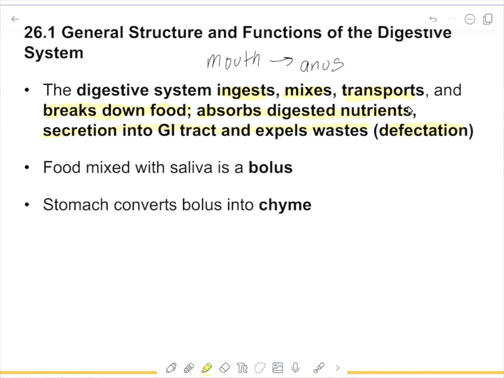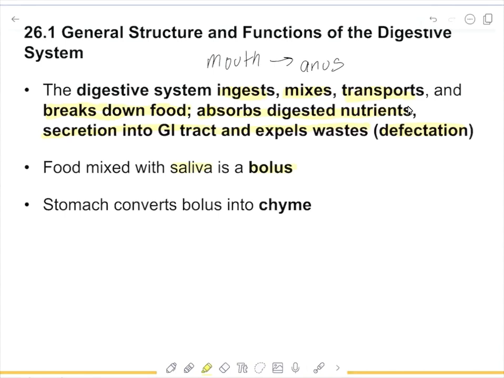So once we put the food into our mouth, saliva is produced from our salivary glands, and that saliva starts to form what is called a bolus of food, essentially a ball of food, which is then going to continue down into the esophagus, stomach, and beyond.